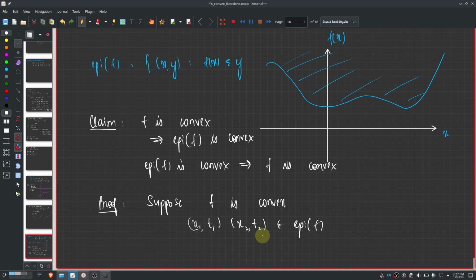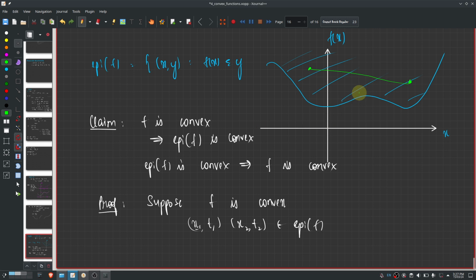You want to show that any convex combination of these 2 points also lies in the epigraph. Okay, so effectively I'm taking any 2 points within this set, right? Maybe this point and this point, and I want to show that the straight line joining these 2 points also lies, basically lies above the curve.